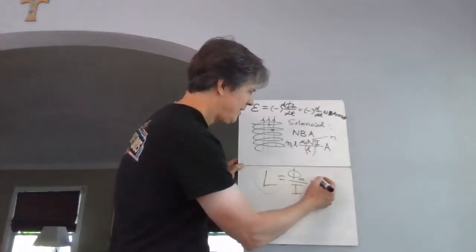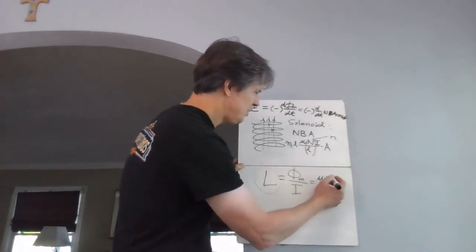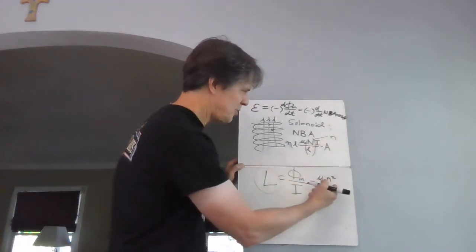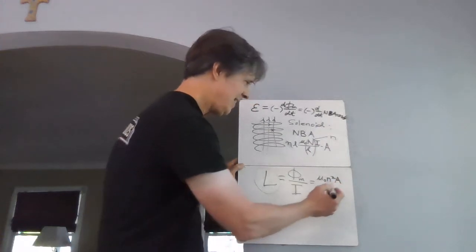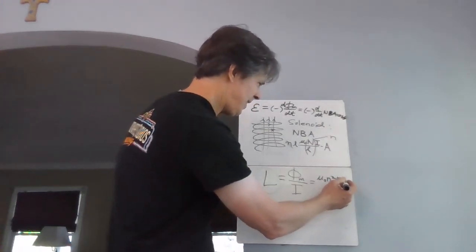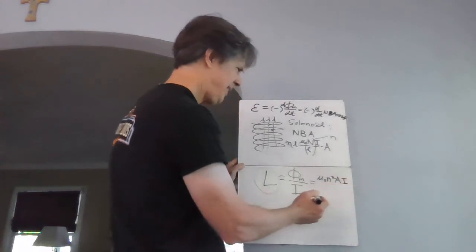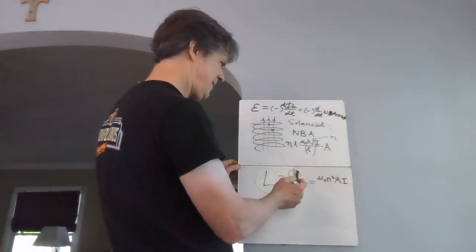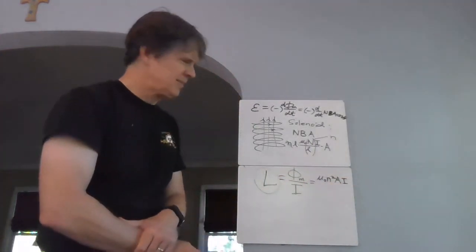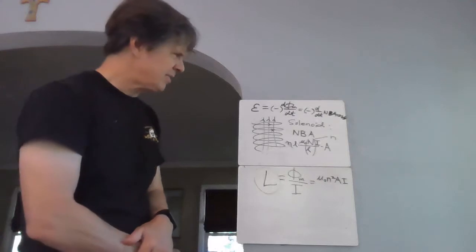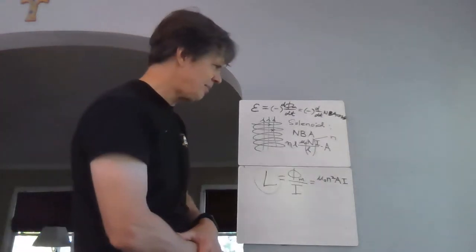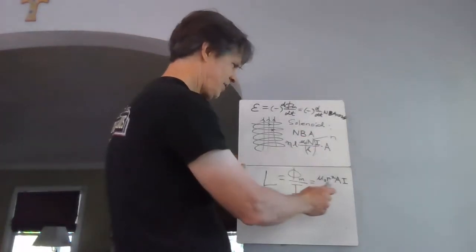This is mu naught n, little n, the number per unit length squared, times A, times I, and did I have another L somewhere? No, that's good. There's another L. Oh, the L's up top, because that's called in.